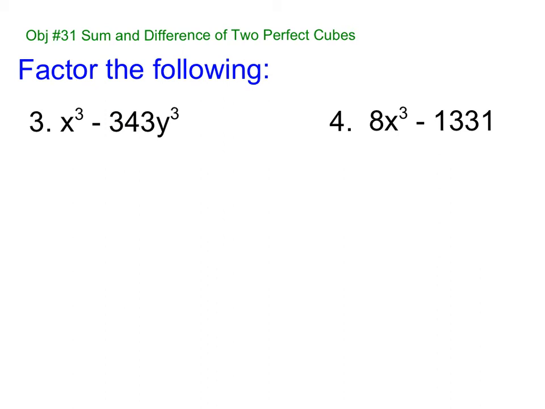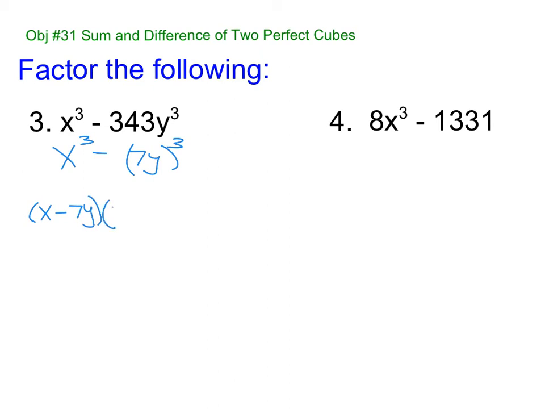All right, 343. What to the third is 343? That is 7. So we have x cubed minus 7y to the third. Now we're using that other formula. This time it's a minus, so we put a minus.